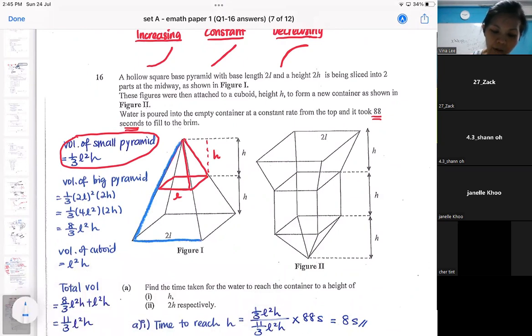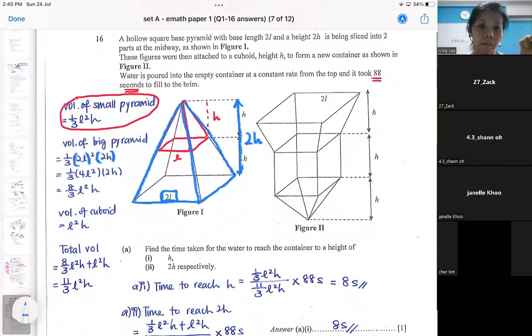The big pyramid is the one that is like everything. If you look at the big pyramid, it is 2H. That's why you look at my working. So I make use of the pyramid formula.